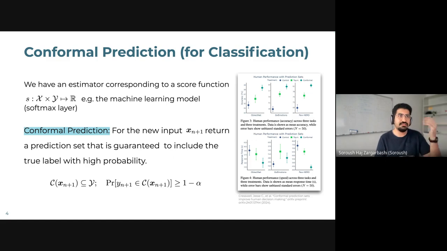An interesting result of their work was that when people have the conformal prediction sets, and they are asked to decide what is the true label, their response was quicker and at the same time more accurate, which is really an interesting result, because for me also it was like, how can it be used in deployment? How does it behave in deployment? But it's also a really nice experiment that I see in another paper that I cited here.